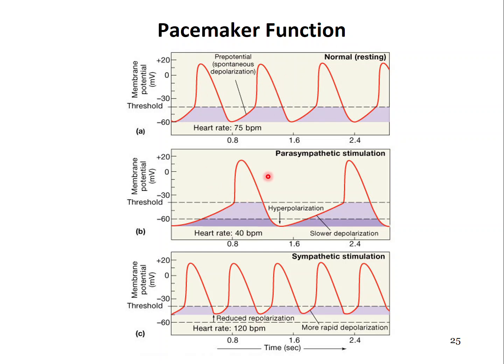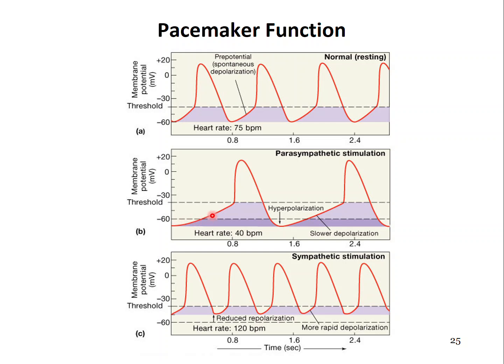By activating the parasympathetic system, the rate of this action potential will decrease, and subsequently the heart rate will decrease. Here, the resting membrane potential will decrease from minus 60 to minus 65 or minus 70 by parasympathetic stimulation.